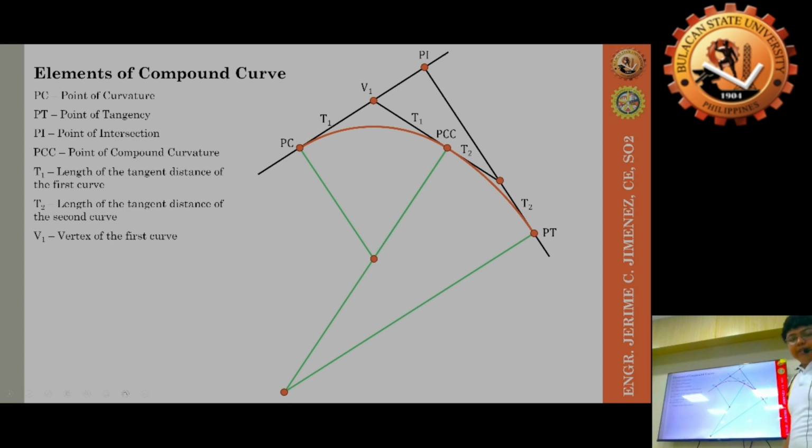Next, kung may V sub 1, of course, may V sub 2. So, V sub 2 is the vertex of the second curve. Okay? So, ito yung second curve natin. Ang vertex niya is ito. Okay? Nakasunod pa ba? Nakasunod pa. Kaya pa yan.